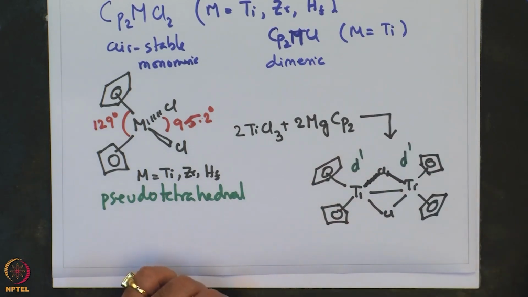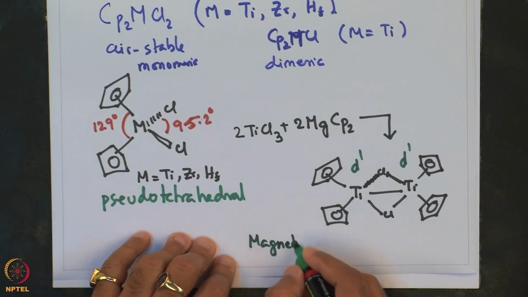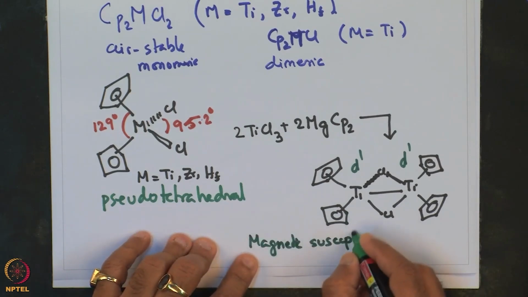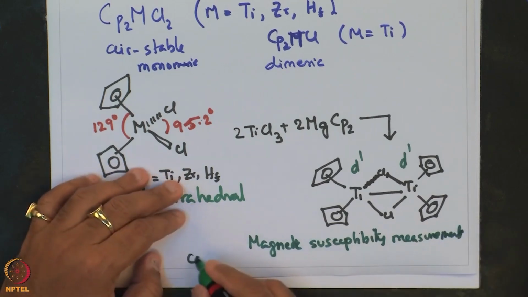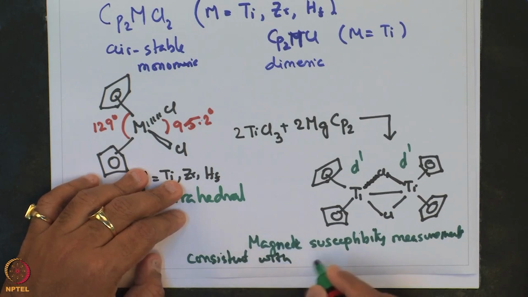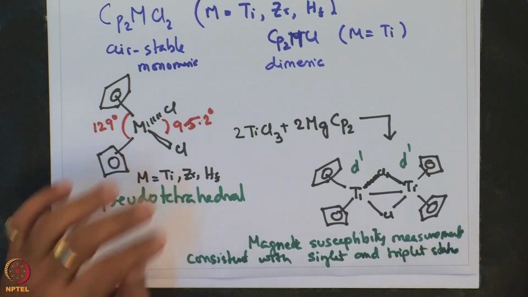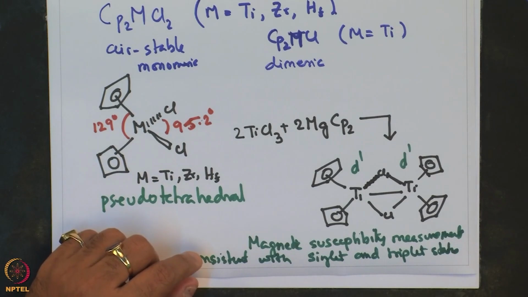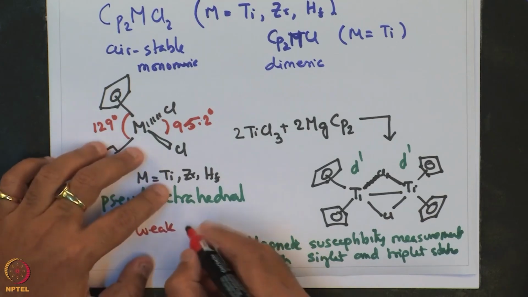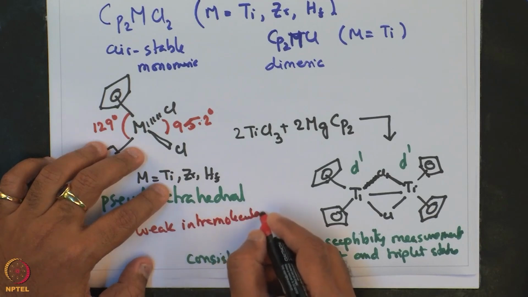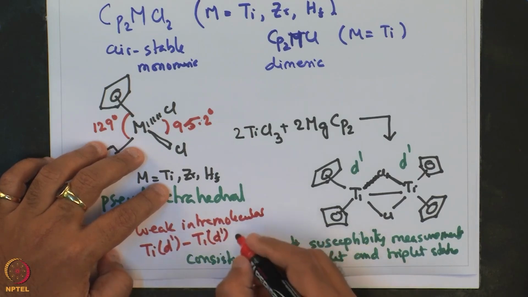Magnetic susceptibility measurements are consistent with singlet and triplet states, which suggests a weak intramolecular titanium d1 interaction.